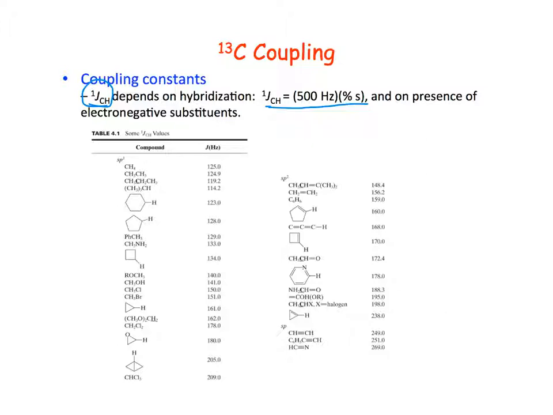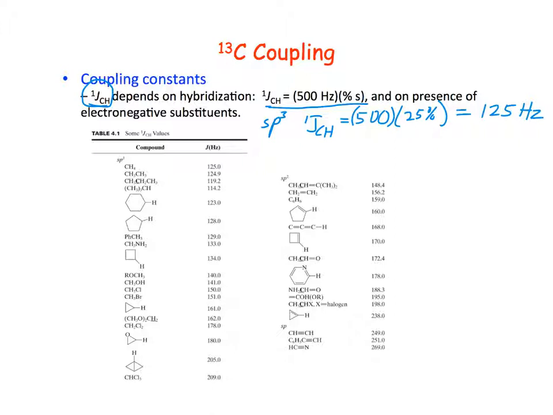For example, if we were looking at an sp3 hybridized carbon, the 1 bond CH coupling equals 500 times the percent of S. So it's only 25%, and so this comes out to 125 hertz.